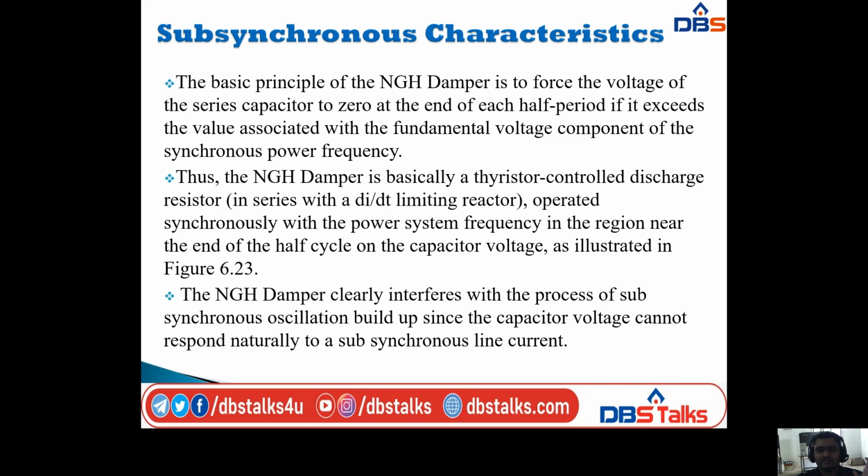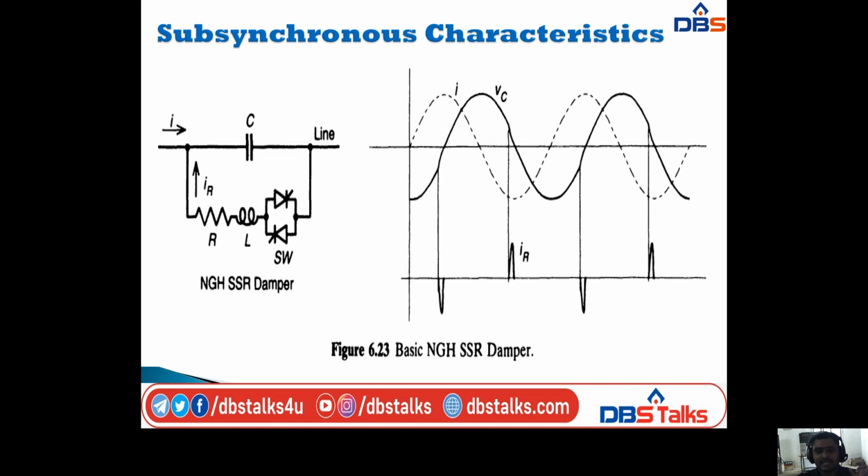This arrangement is shown in the diagram. This is the basic NGH SSR damper, with a thyristor valve, an inductor, a capacitor, and a resistor connected to the transmission line.